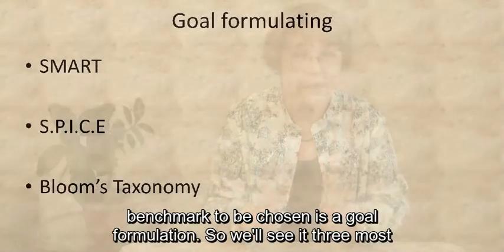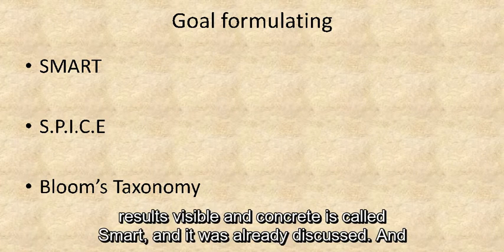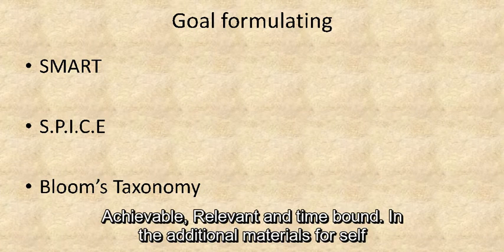So we'll see three most popular approaches. The first was also mentioned before. It helps to make results visible and concrete. It's called SMART, and it was already discussed. I'd just like to remind that SMART outcomes are specific, measurable, achievable, relevant, and timed.